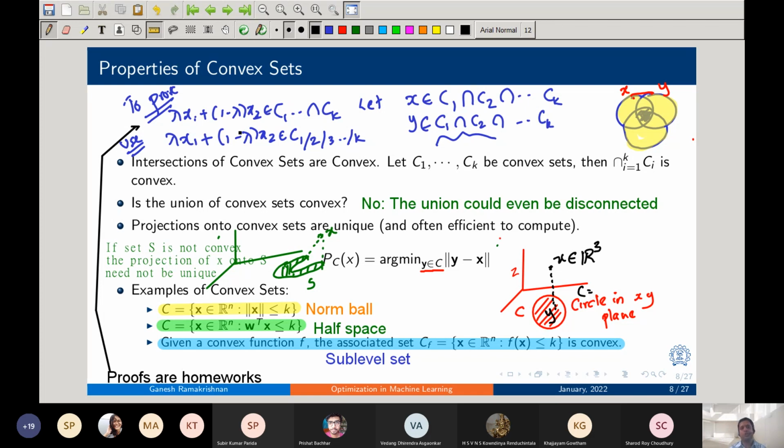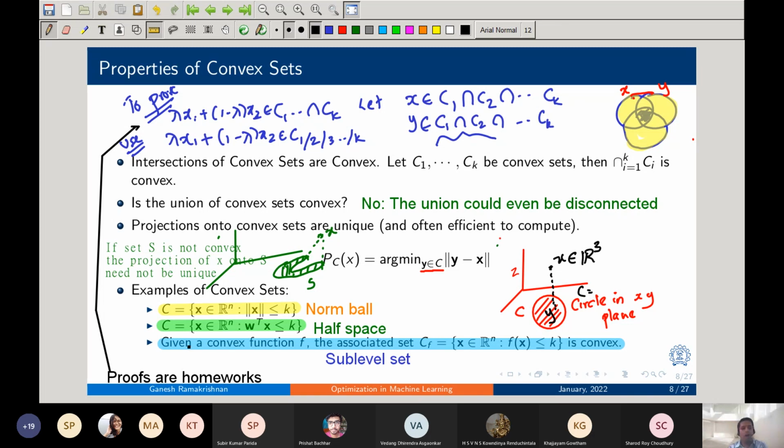In the case of intersection, I had to show that 2 points belong to each set, then the convex combination will belong to each set, for example. So I have to follow the same logic everywhere. The exact inequality that comes to rescue could be different. Okay.